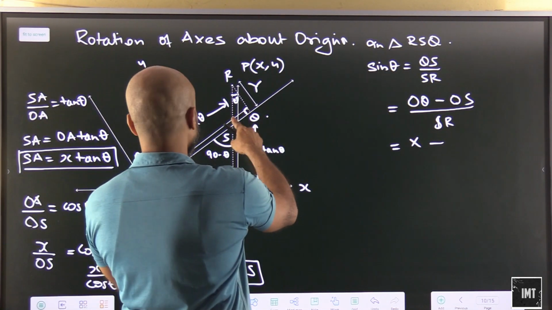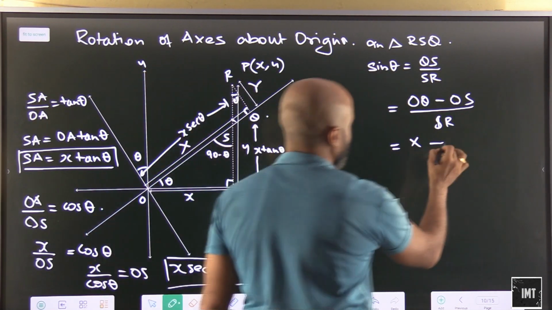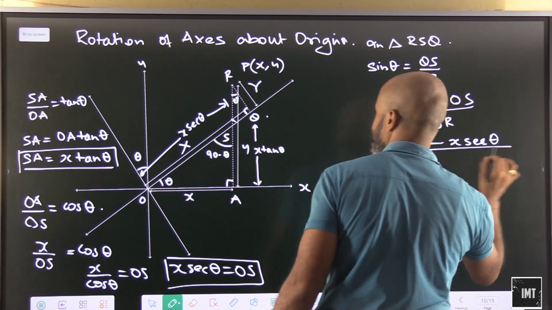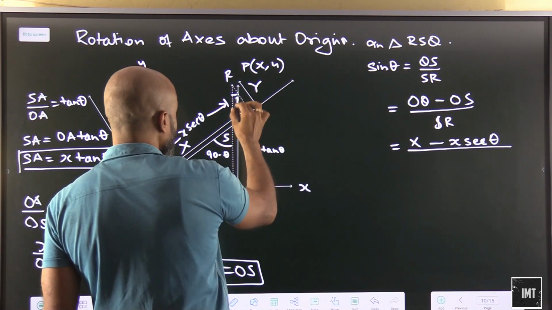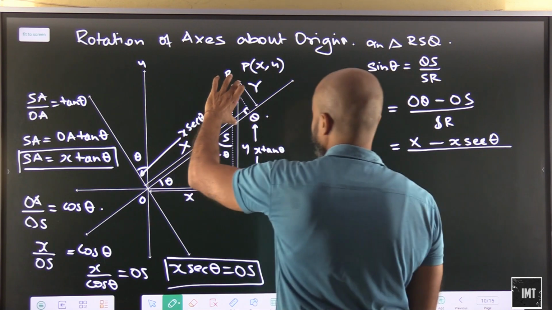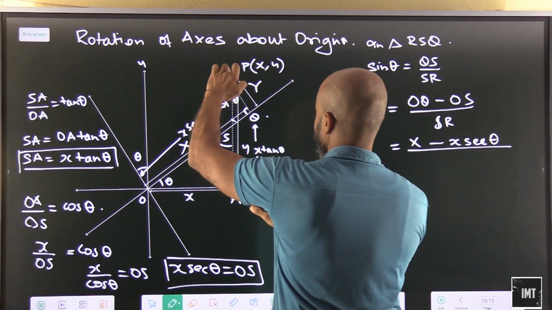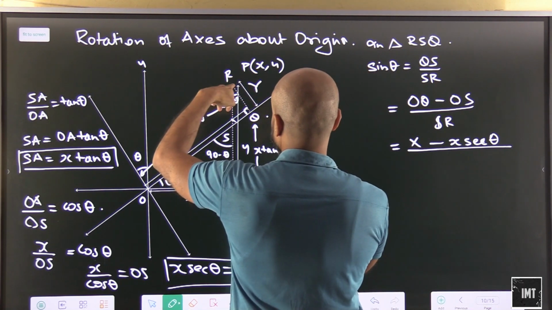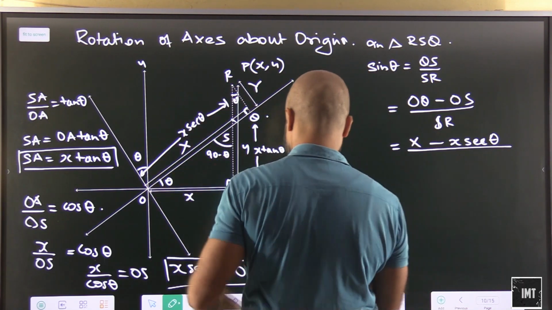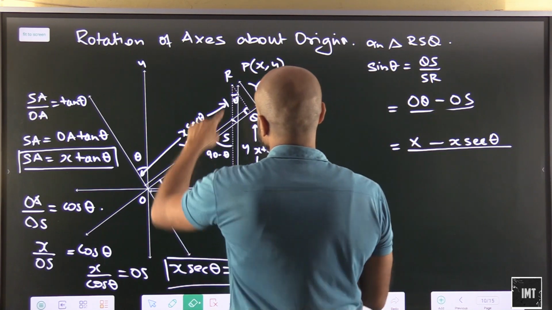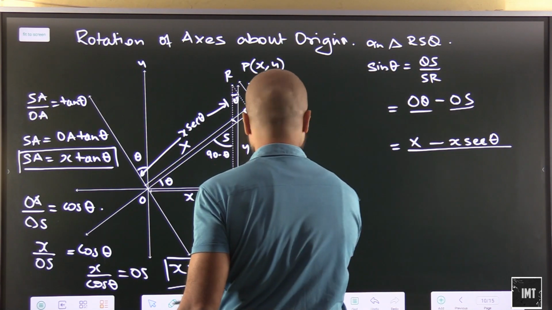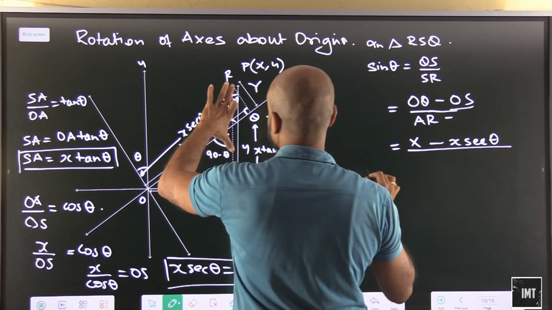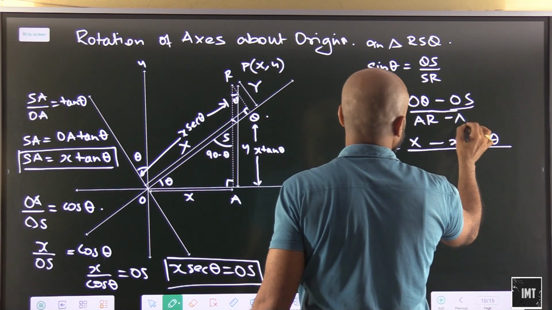OQ minus OS. OS we know is x sec theta. So this is small x sec theta upon SR. What is going to be SR basically? SR is entirely y. So SR will be equal to AR minus AS.